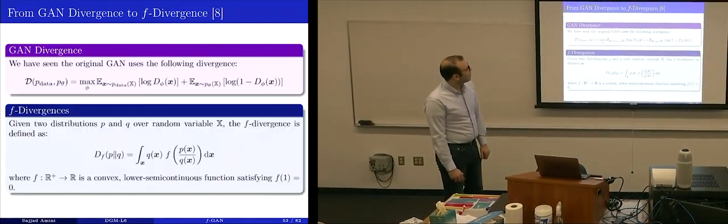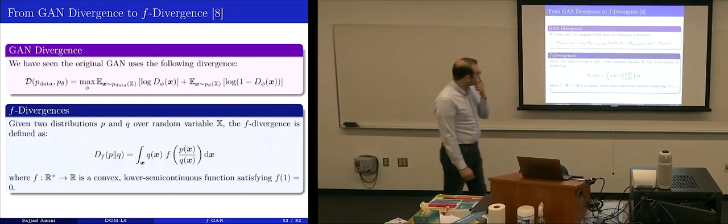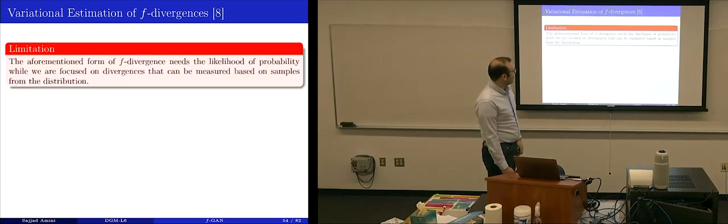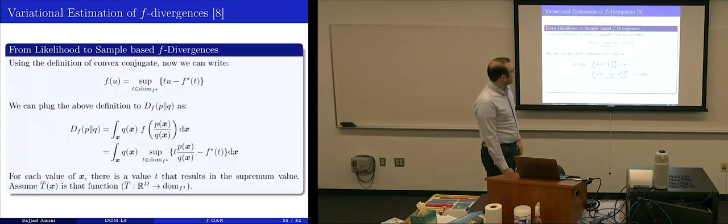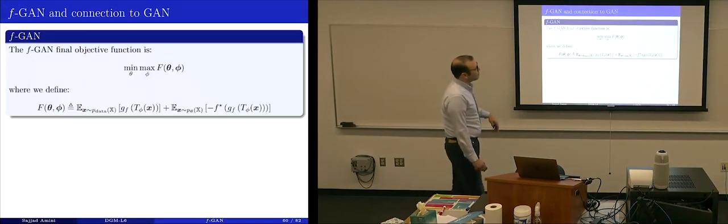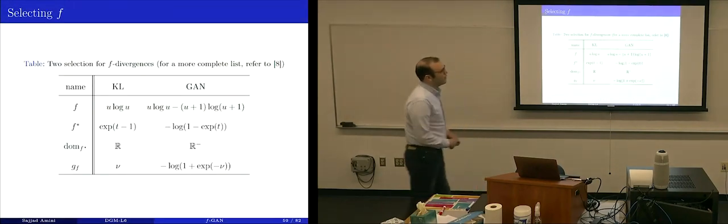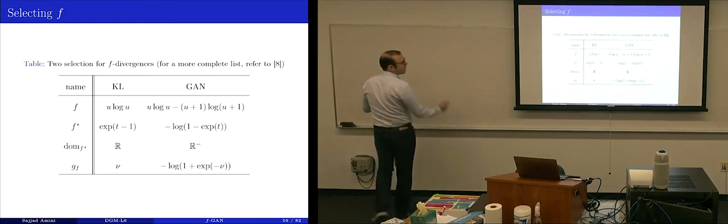And finally, we talked about FGAN. We had two problems in the previous sessions about the FGAN. Let me focus on those two. The first problem is how to derive GAN using the general formulation of FGAN.